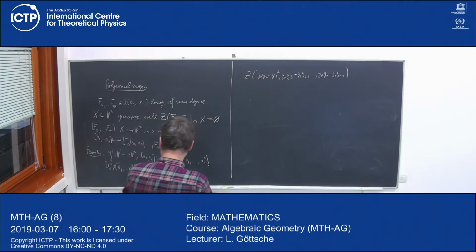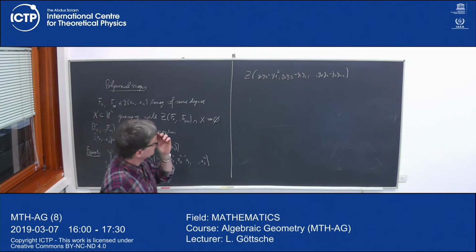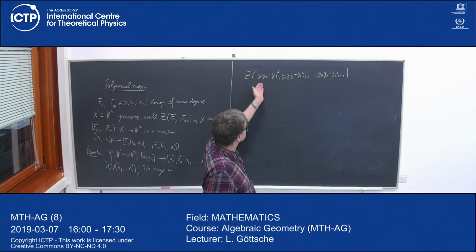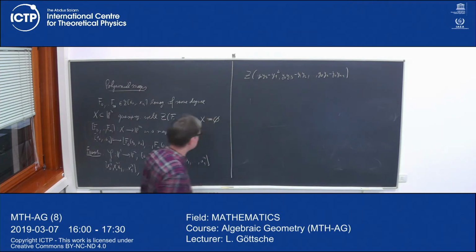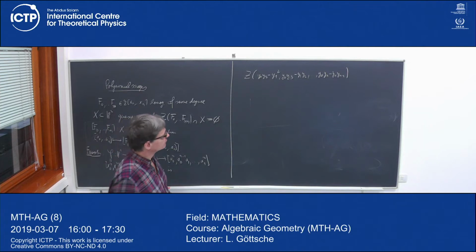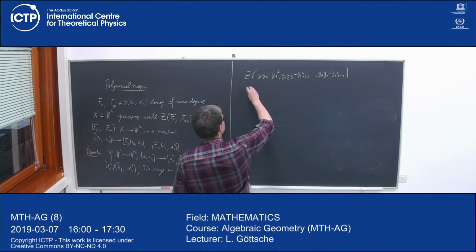And the claim is that the image is precisely that. You can somehow easily see that if you have something in the zero set of this thing, you can write it in this form. In particular, you can see it because you can look at the inverse map.